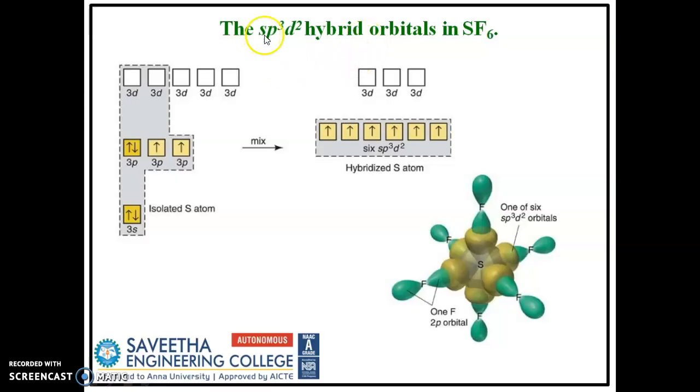Here 1s, 3p and 2d orbitals of sulfur undergo hybridization with six singly filled p orbitals of fluorine, forming an octahedral shape and the bond angle is 90 degrees.